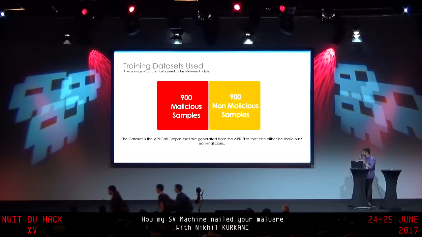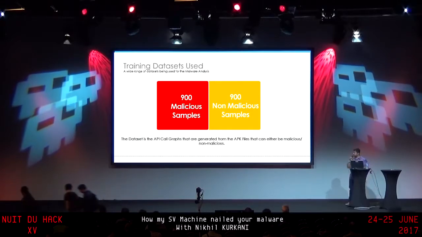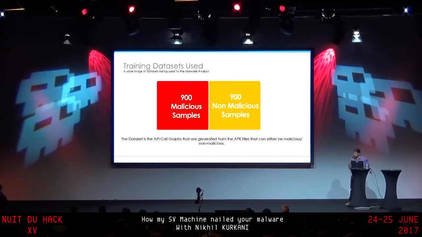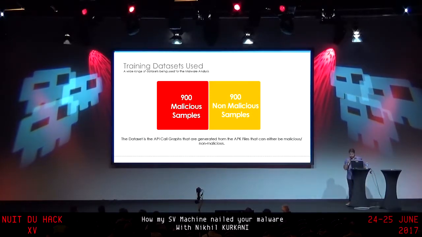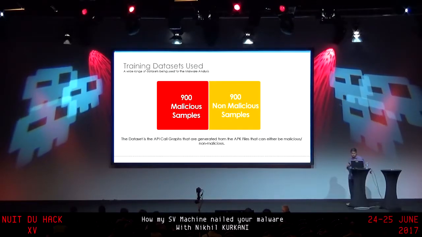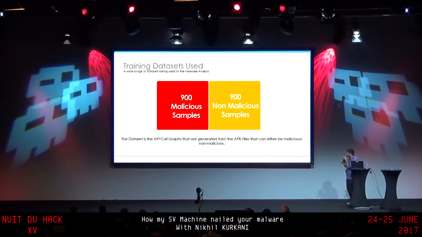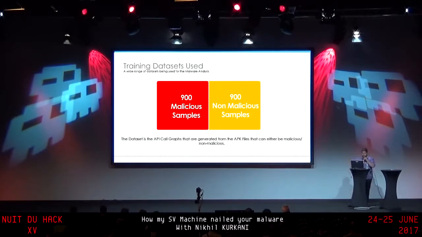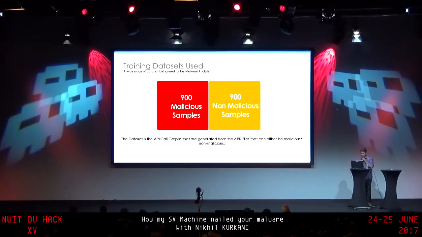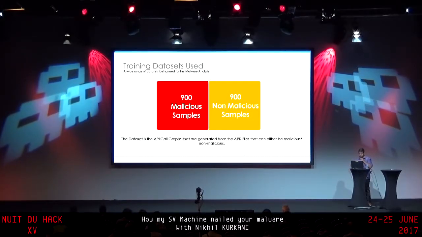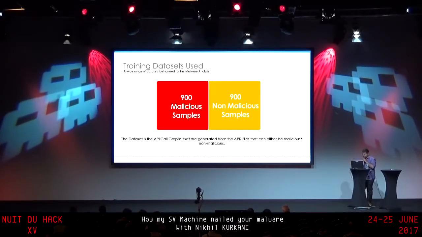The training data sets that we used were basically 900 malicious samples and 900 non-malicious samples. The data set here would be the function call graphs that would be generated from the APK file that we would get.